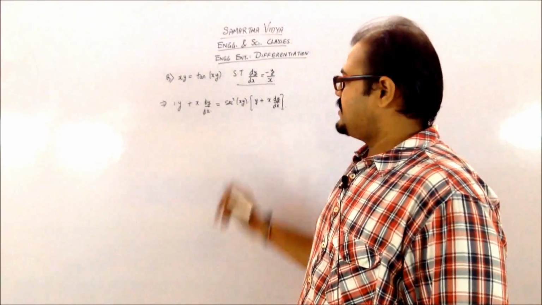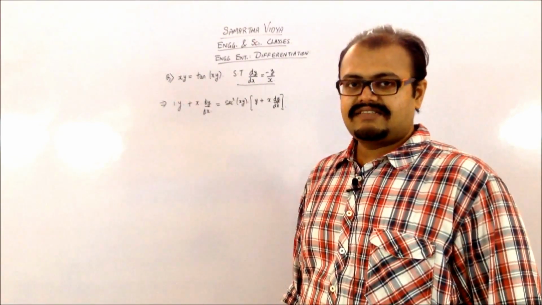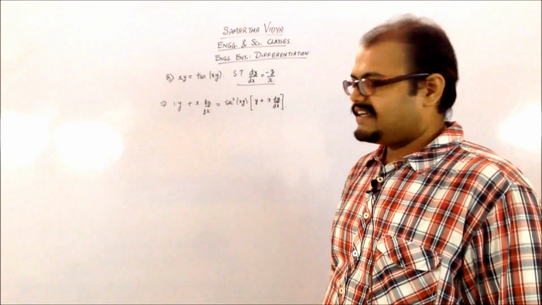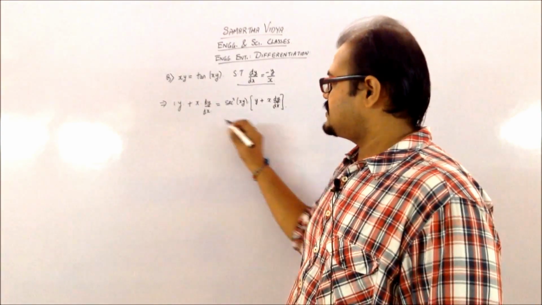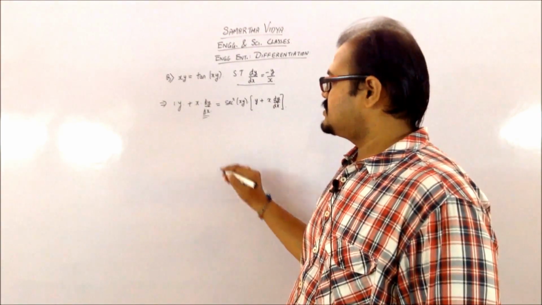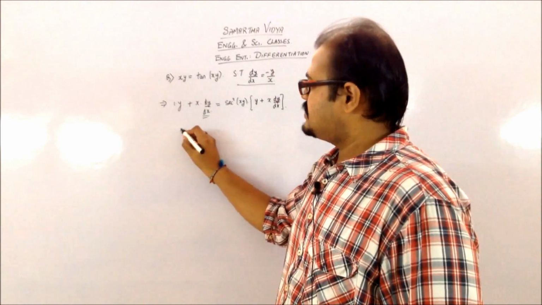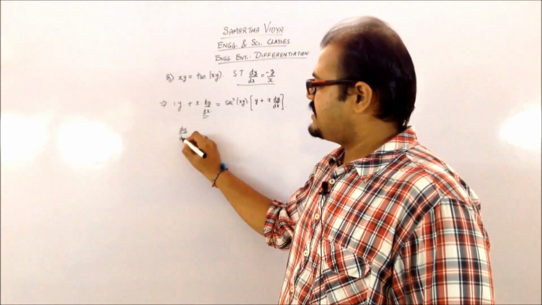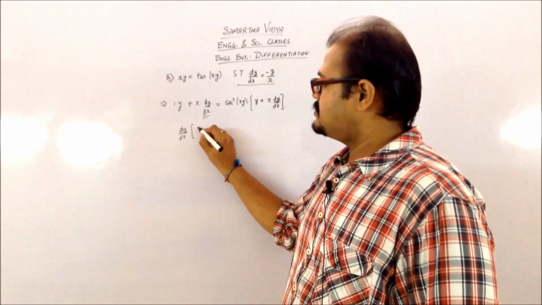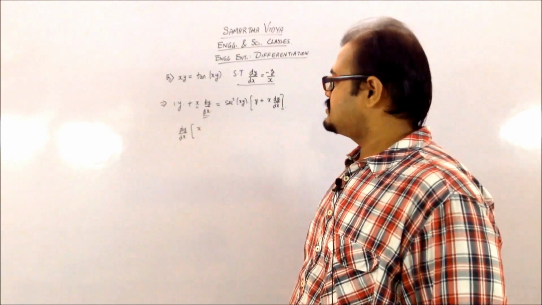Now what you need to do is take the dy by dx terms together. So you can see that the derivative term is over here. It's going to be dy by dx, which can be taken as common, into x, which is from here.